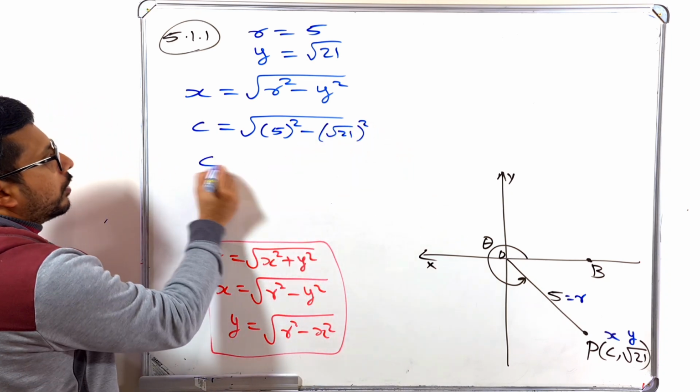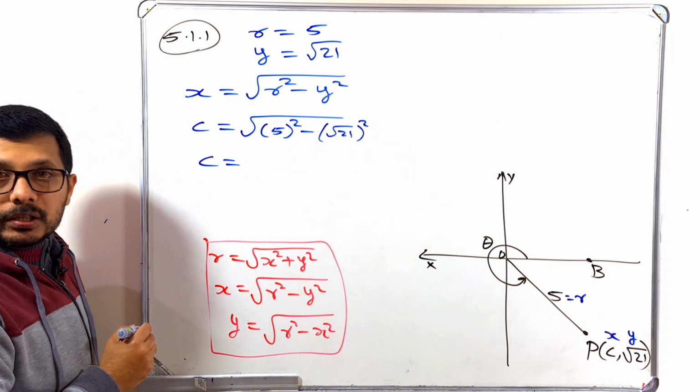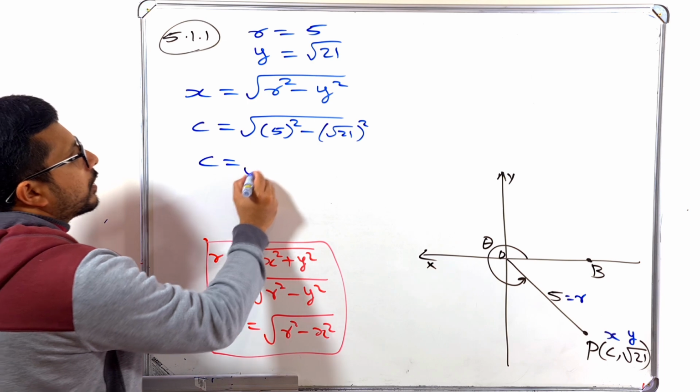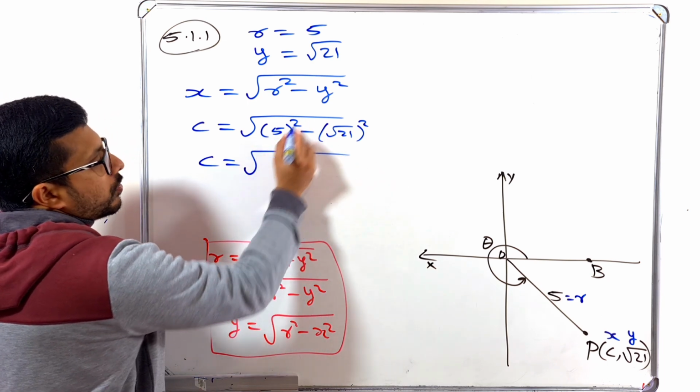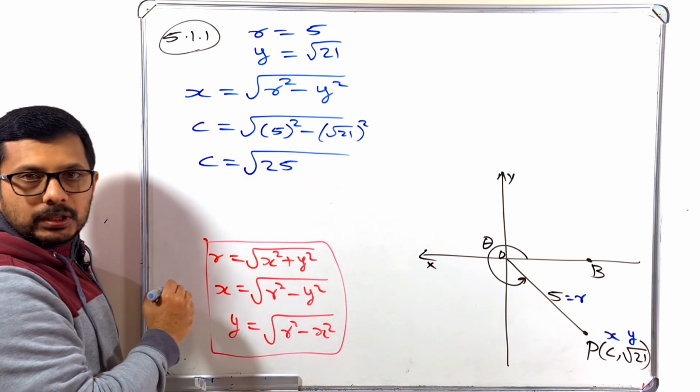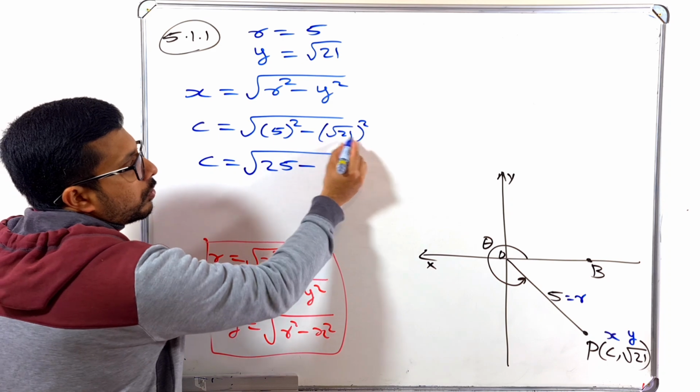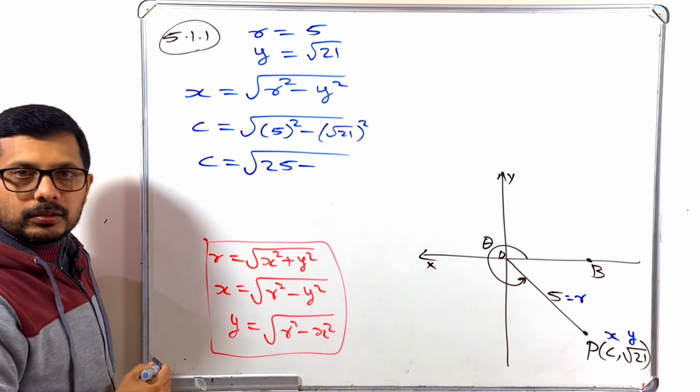You are not allowed to use a calculator, am I right? So just try to find it manually. 5 square is 25 minus root 21 square.